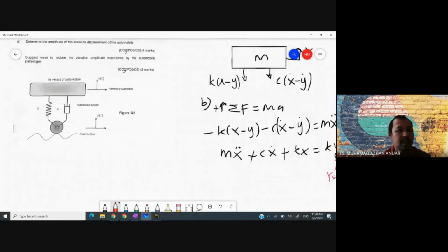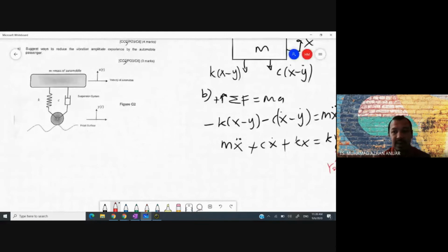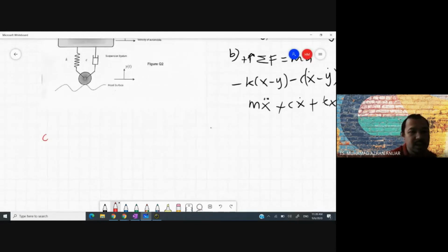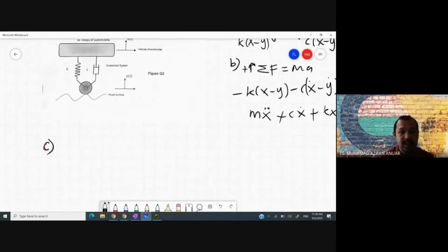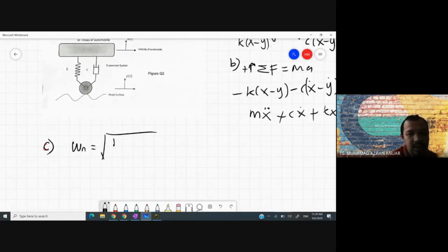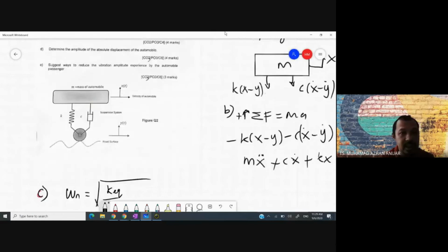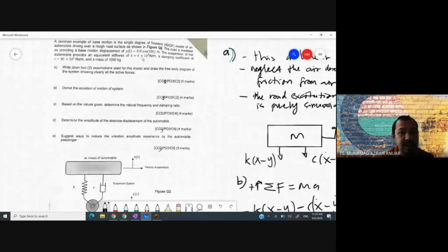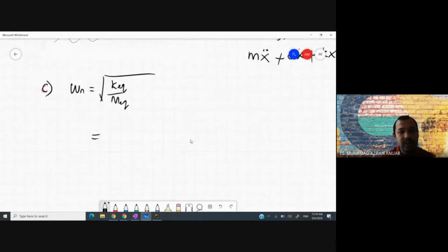Okay. So question C, based on the values given, determine the natural frequency and damping ratio. Question C is very straightforward. So omega n and damping ratio zeta. From the equation of motion, omega n is equal to the square root of K equivalent divided by M equivalent. Given K equivalent is equal to 4 times 10 to the power of 5, and M equivalent is equal to 1000, we just substitute into the equation.